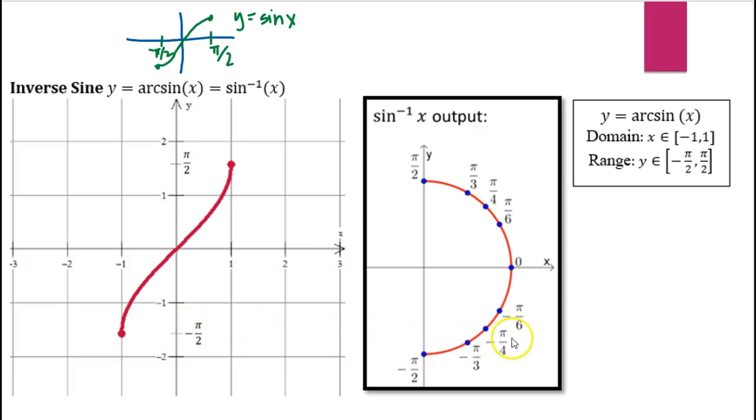So let's say for negative pi over 4, we can't say the answer is 7 pi over 4. 7 pi over 4 is not part of the range of this graph, these y values. It has to be negative pi over 4. So that's one little additional aspect we have to think about. So the domain of arcsine is negative 1 to 1, and the range, those outputs, come from negative pi over 2 to pi over 2.